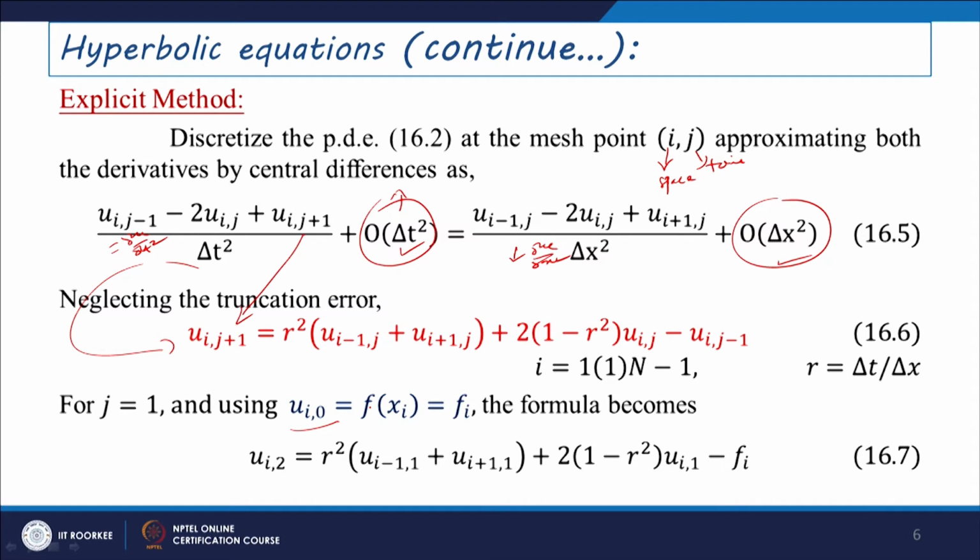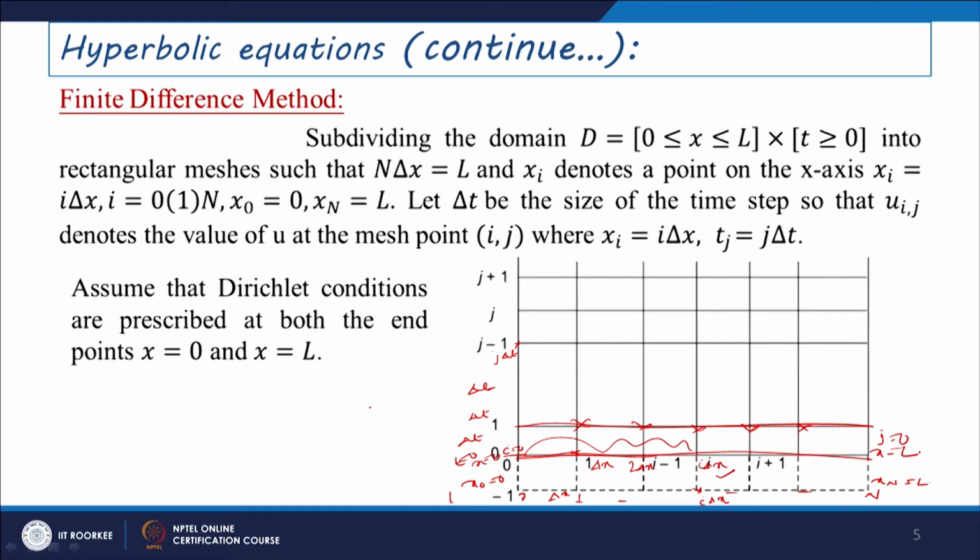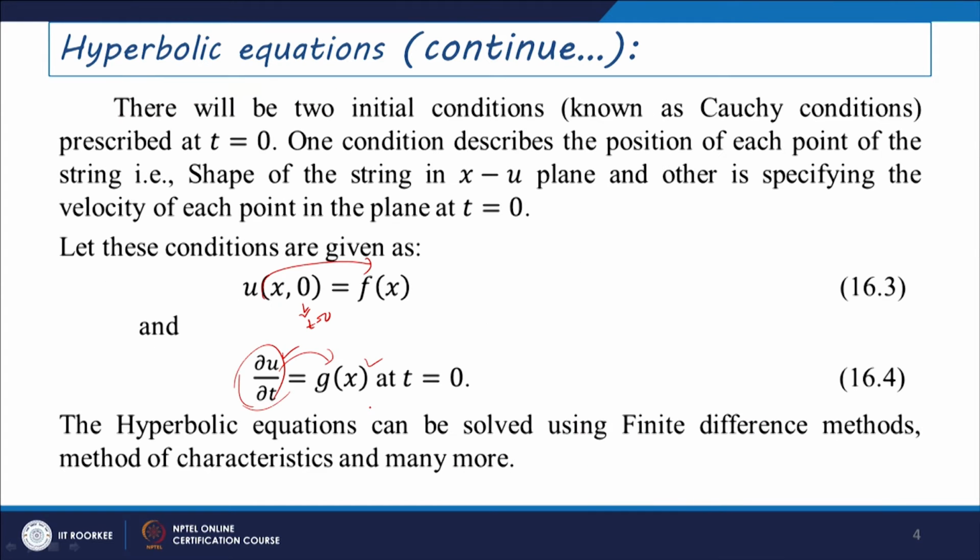So, that is why we can write this as u_i0, and this last point is defined in the form of f of x, that is u of x, 0. So, j equals 0 if we consider it, and x at different i points we can consider as x_i. So, it can be written as u of x_i and t at the 0th level, which can be defined as f of x_i.